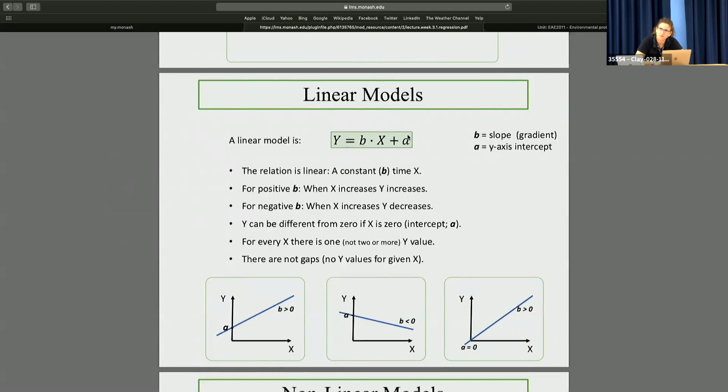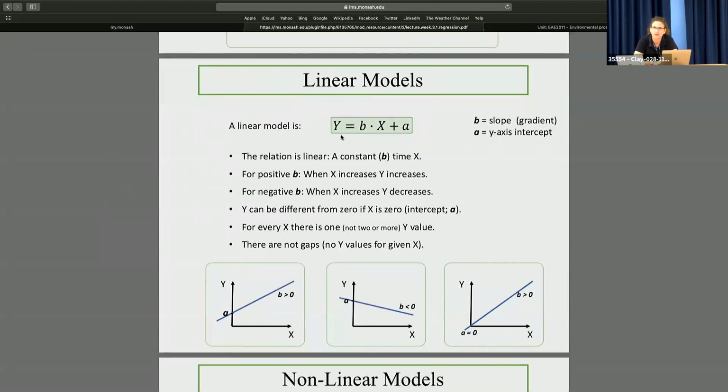Now, many of you would have seen this the other way around earlier at school. It would have been ax plus b, where a is the slope and b is the intercept. In maths, now that you do fancy maths, it's this way. So b, or beta, is the slope.